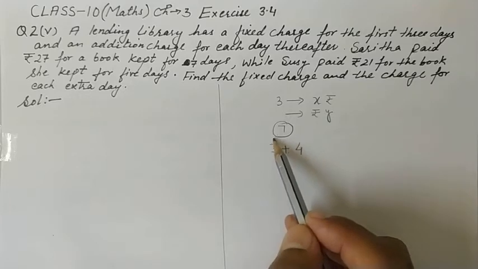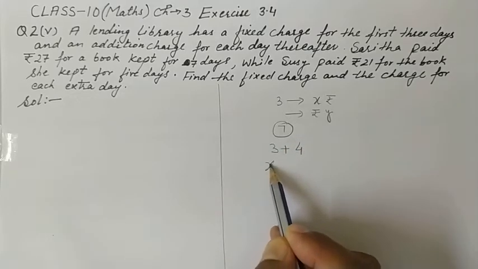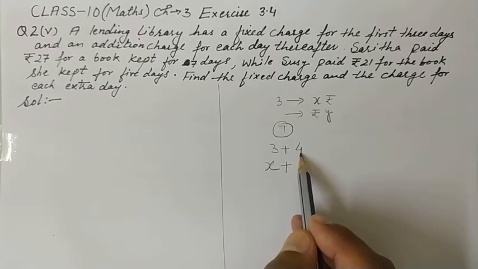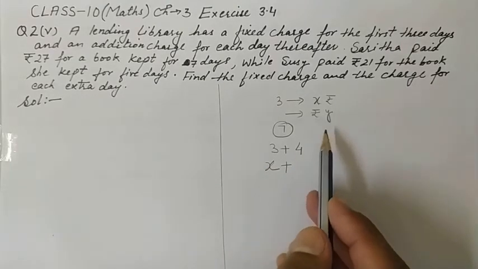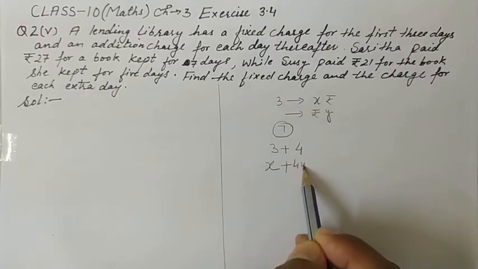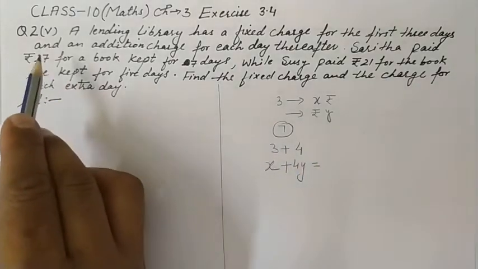So if I write this equation, for these 3 days the fixed charge is rupees X, plus for the rest of the 4 days, for 1 day it is 1Y, for 2 days it is 2Y, then for 4 days it will be 4Y. This is the total charge, and that total charge he has given here, rupees 27.